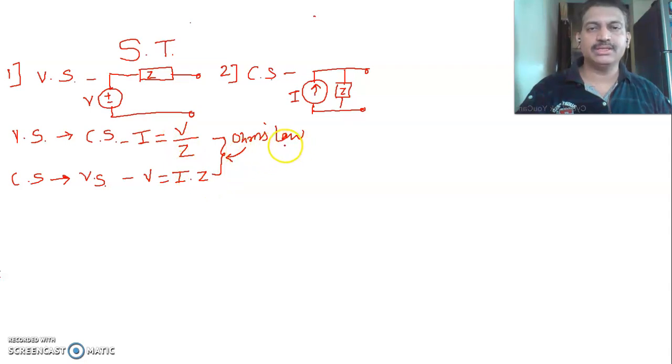We only have to decide whether to convert voltage to current or current to voltage source, and accordingly find the unknown parameter.